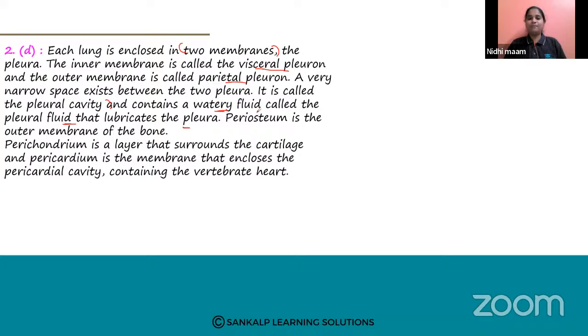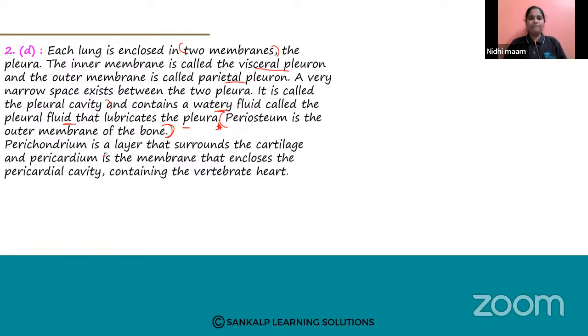Periosteum ಅಂದ್ರೆ ಏನು? ನೆನಪಲ್ಲಿ ಇಟ್ಕೊಳ್ಳಿ. It can also be asked. It is the outer membrane of the bone. Periosteum. Perichondrium andre which surrounds the cartilage. So here we have cartilage, here we have cartilage, right? So in the thoracic cavity we have cartilage. So it covers the cartilage. ಯಾವುದು? Perichondrium.